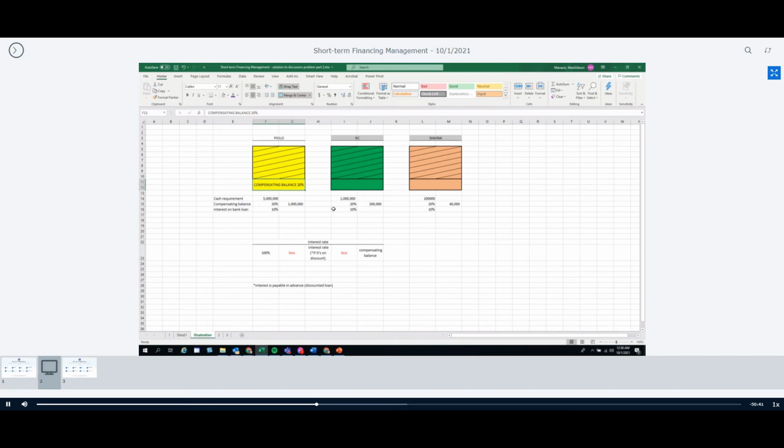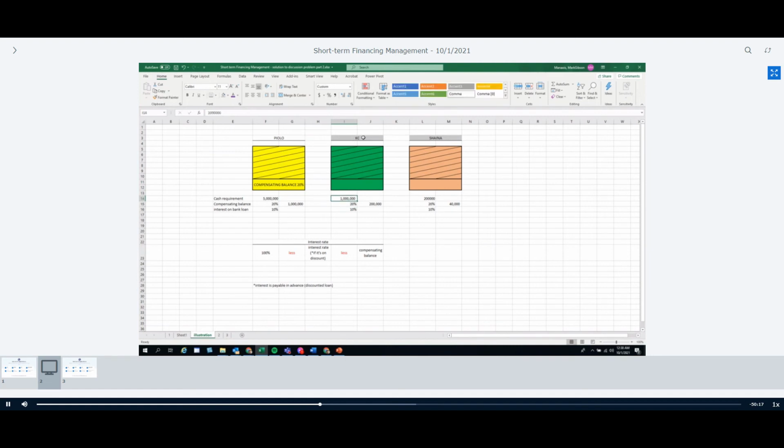Ngayon, itong si Casey, pumunta kay BDO. Sabi ni Casey, BDO, I need 1 million pesos. Sabi naman BDO, okay, I can loan you 1 million pesos provided there's a compensating balance of 20%. So imagine saan galing yung 1 million na pinuutang kay Casey.